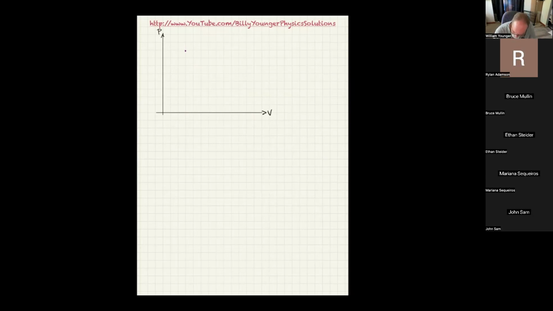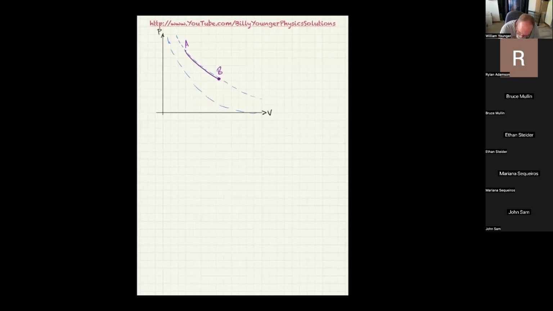So we're going to have an isotherm that comes like that. And then there's going to be another isotherm, a lower temperature isotherm, like that. And what we're going to do is go from this point here, which I'm going to call A. I'm going to go down here along that isotherm to point B.